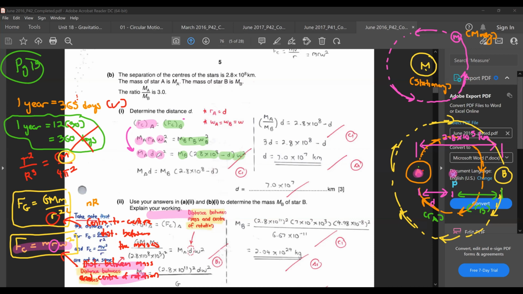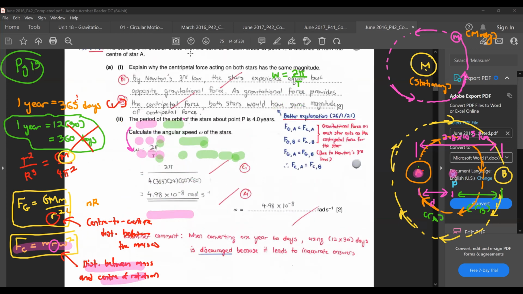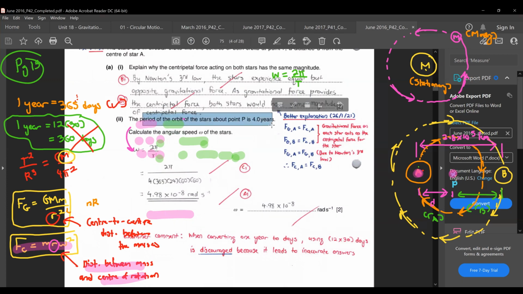Now, why do I use the same value of omega for both? Here I wrote omega A and omega B, but then suddenly here I wrote both as omega. It is because omega is 2 pi over T. Remember they told you that the period of orbit for both stars is the same: 4 years.